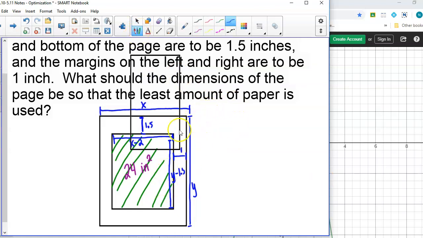So I know that x minus 2 times y. Did I write 1.5 there? I did, didn't I? It should be 3. I meant 3: 1.5 on each side, top and bottom. So y minus 3. I know if I multiply those together, I get 24.